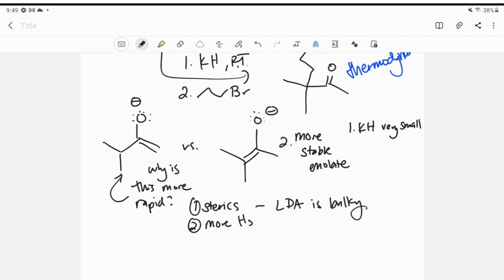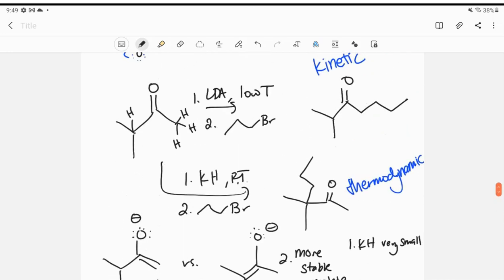The word thermo in there. So you'll want your tiny base, H minus, and you have your more stable enolate, which is favored at higher temperatures. And so as a result, by changing the reaction conditions, you can alkylate different sides of this molecule. You first make your enolate. Your enolate can be on either side.